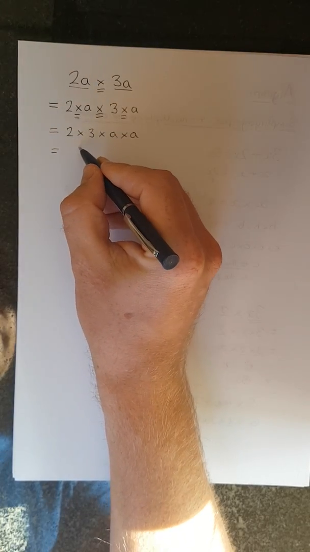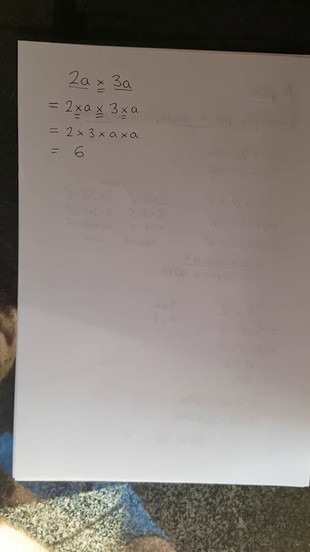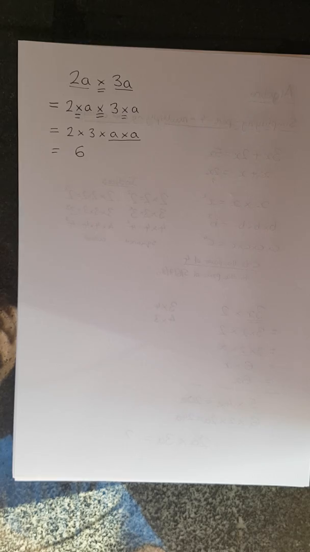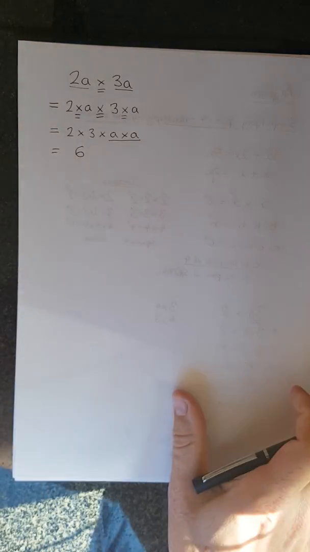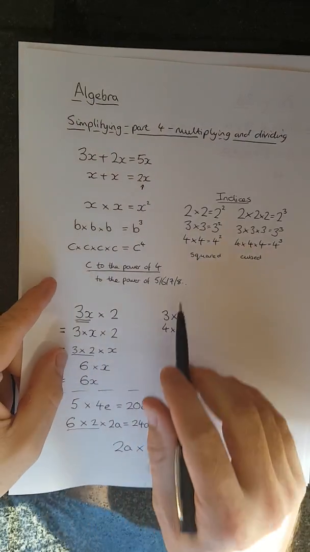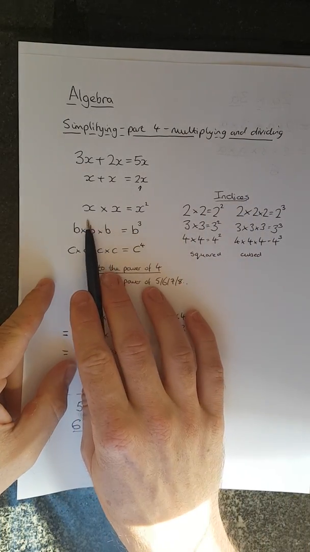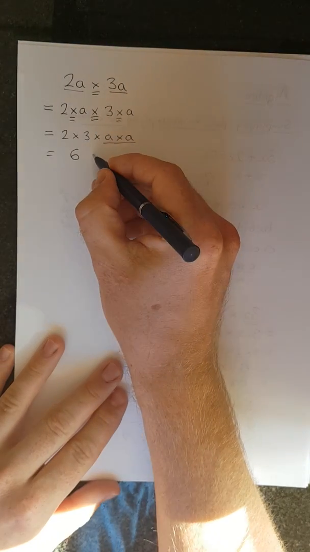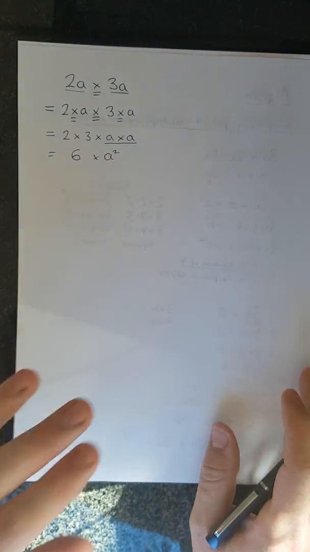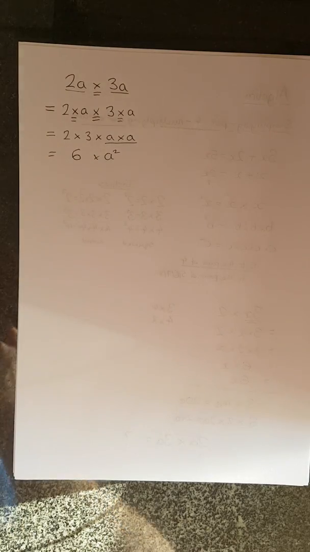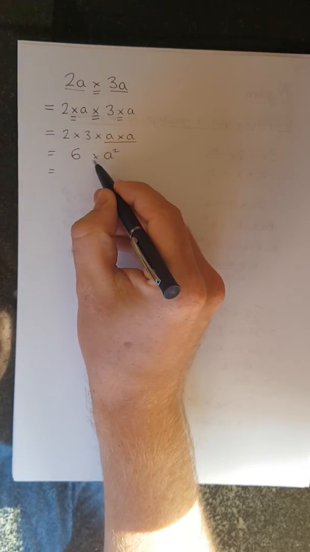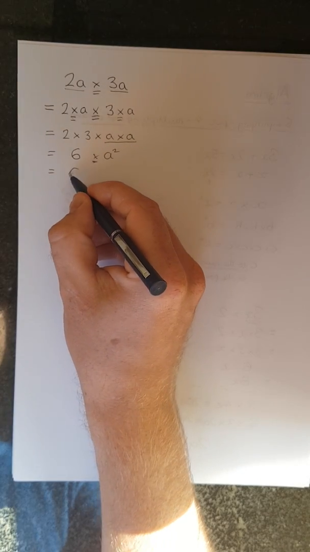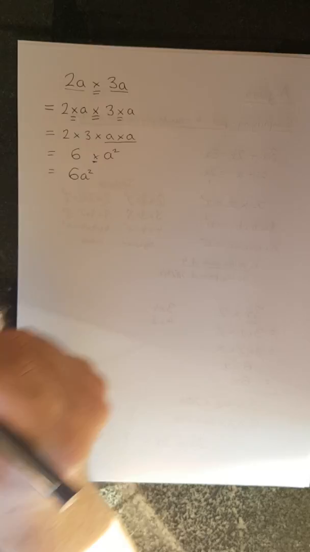Okay, that first section gives me 6. I'm confident there. What about a times a? So a times a will give me a squared. Do I want to leave this symbol in my answer? No, I don't. So it's 6a squared.